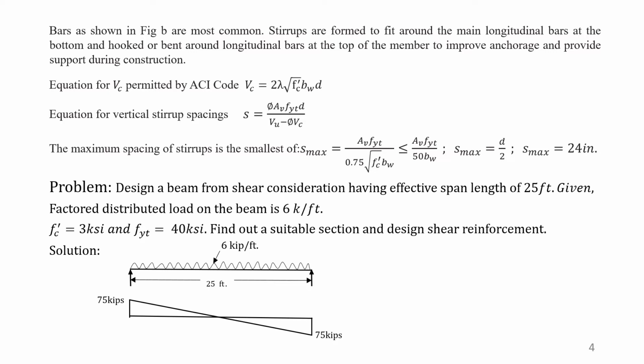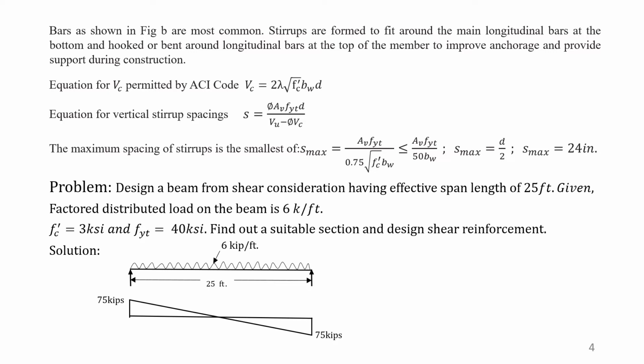Now we will be using these formulas with the help of a direct problem of a beam. We have chosen a 25 feet beam for this example demonstration, and per running foot the load is 6 kip, and the other values are F prime C is 3 ksi, FYT is 60 ksi.